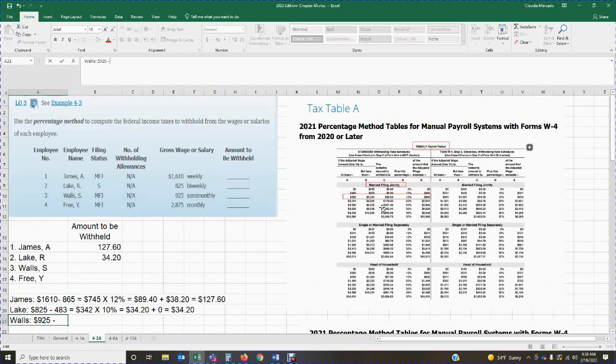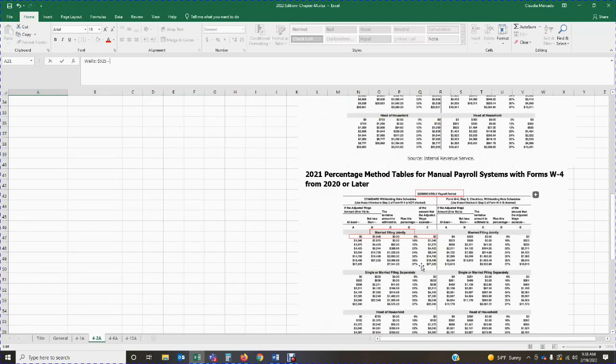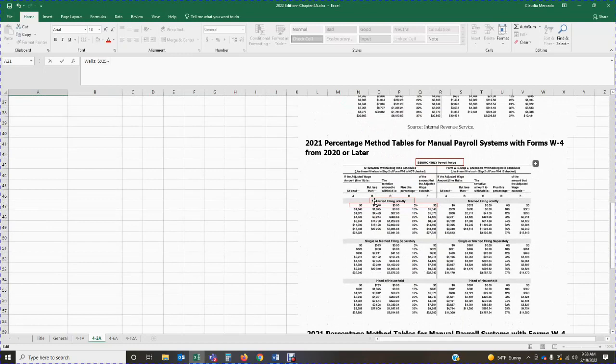Yeah, $925. So they made $925 right here. This particular employee is in the first tier, so they don't have a tax liability. You see, they're all zeros. They made too little to be taxed.